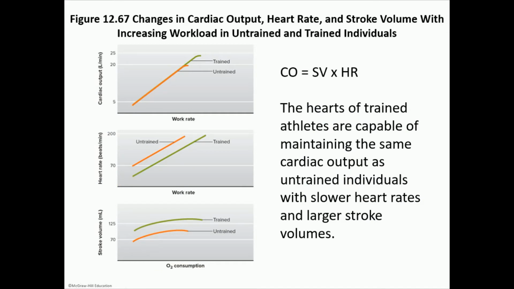These charts compare cardiac output, stroke volume and heart rate between a trained individual, so an athlete in green, and an untrained individual in orange. So you'll see here that the heart of an athlete is healthier and therefore can produce higher cardiac outputs with less work.